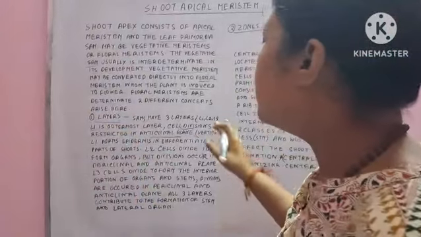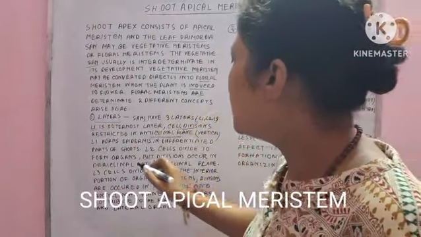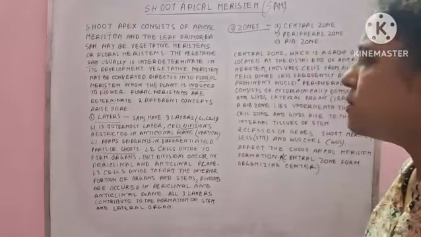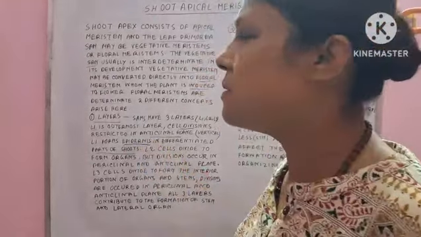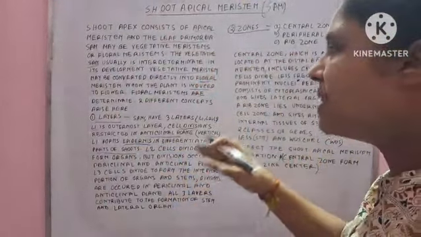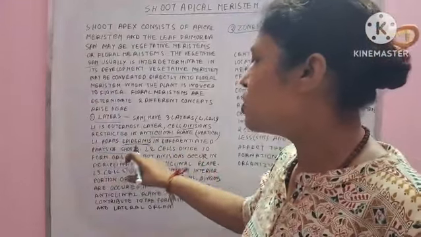The cells present in L1 divide to form the epidermis of some parts of the shoots.